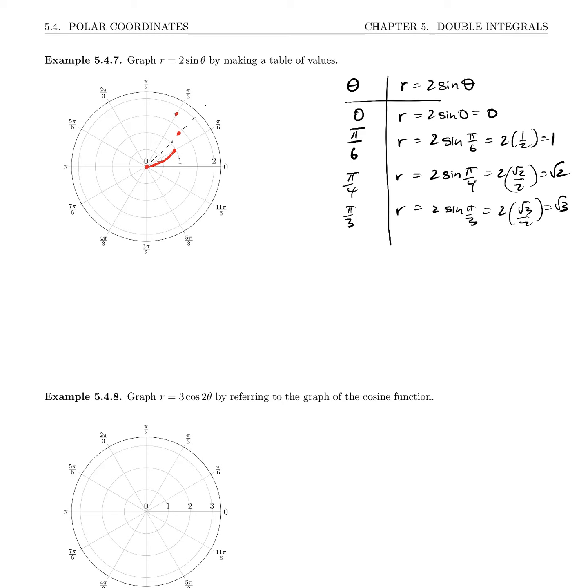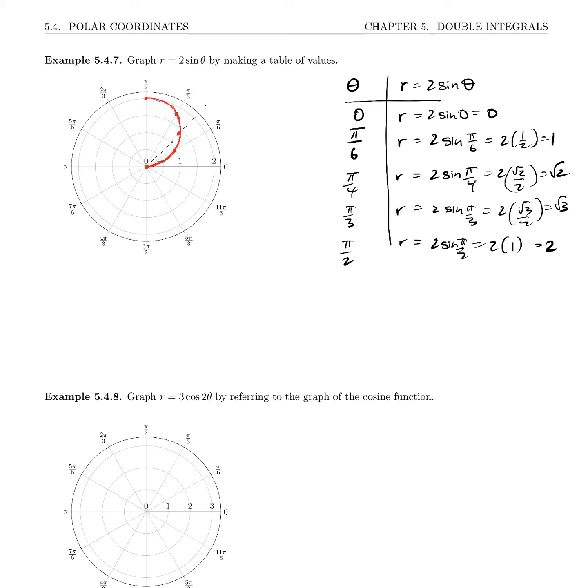And then at pi over 2, what do we have? We have r is 2 times the sine of pi over 2, which is 2 times 1, which is 2. Where's my 2 line? Here. So if we imagine these being joined nice and smooth, we're getting what looks like a semicircle.